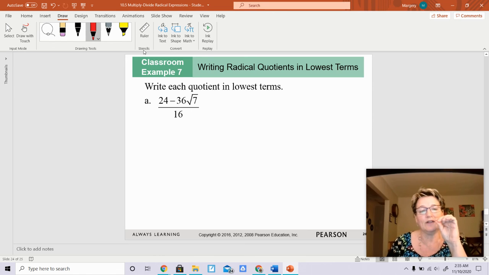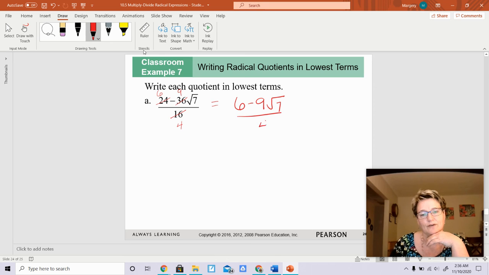If 24, 36, and 16 all 3 share a number, you can take that out. I know for sure that they all share a 4. 4 goes into 16 4 times, 4 goes into this 6 times, 4 goes into this 9 times. Now, the 6, the 9, and the 4, they don't share anything else. So your answer is going to be 6 minus 9 square roots of 7 all over 4. And that's all you guys can do.